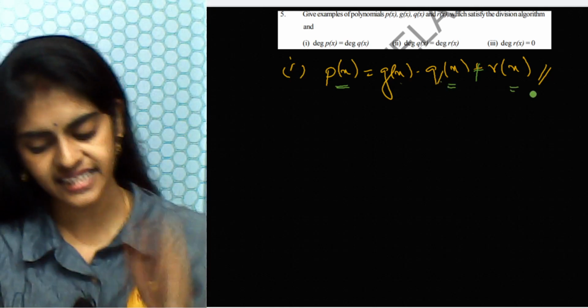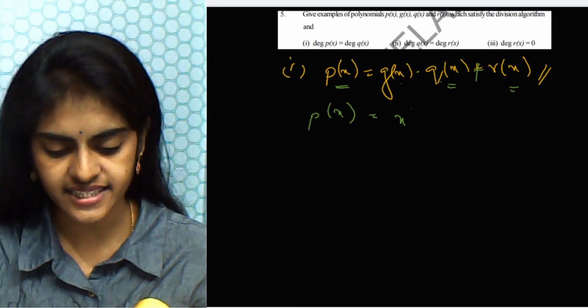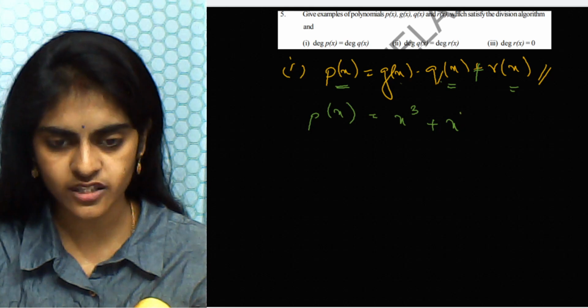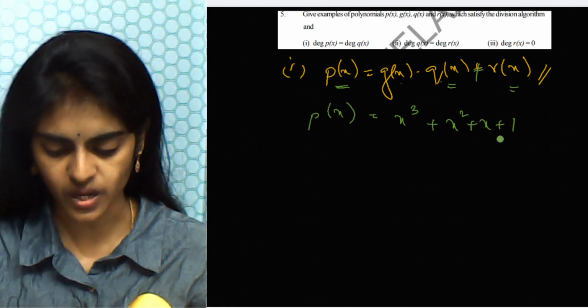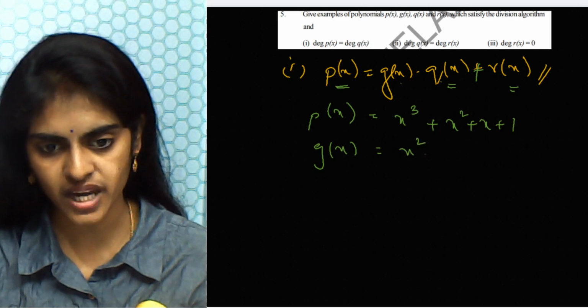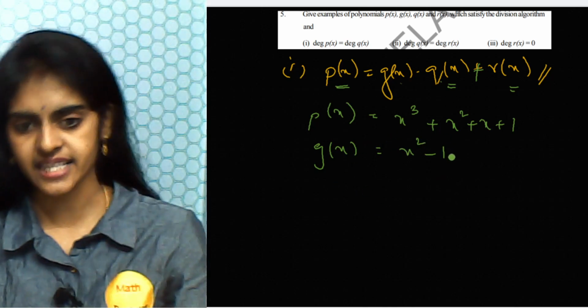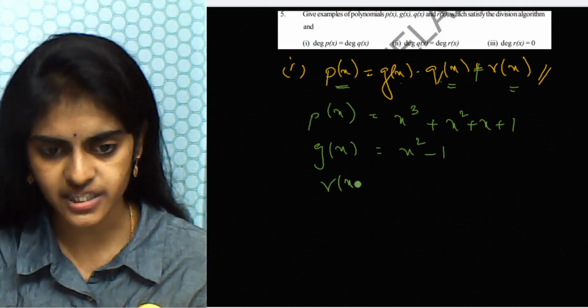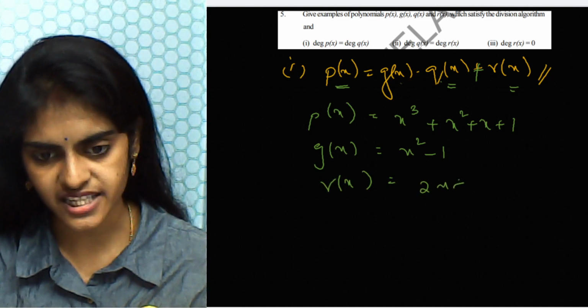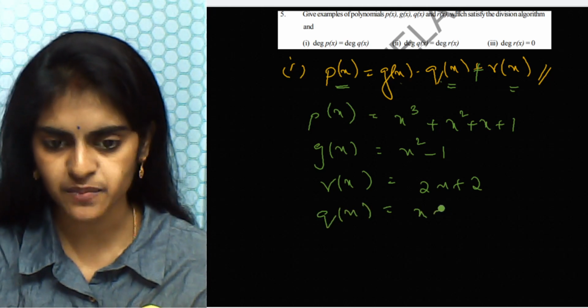For this I have taken examples. P of x is equal to x cube plus x square plus x plus 1, and g of x I have taken as x square minus 1. So now just see, r of x will be 2x plus 2, and q of x will be x plus 1.